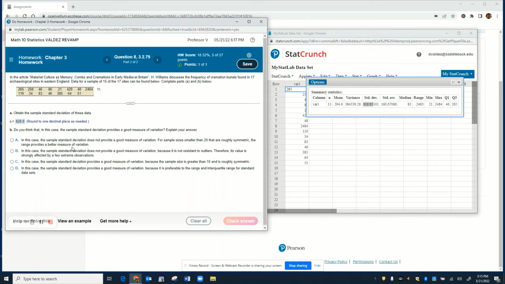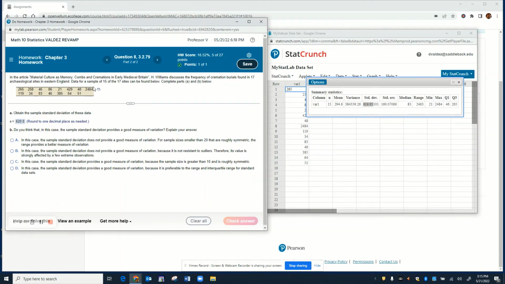We've never talked about sample size being an issue, so that's not sounding appealing. In this case, the sample standard deviation does not provide a good measure of variation because it is not resistant to outliers. Therefore, its value is strongly affected by a few extreme observations. Does that apply here? Do we have some extreme observations? 265, 258, 40, 86, and then look at this 2,484.